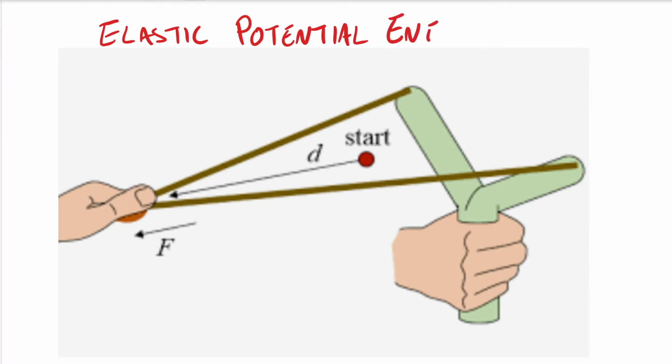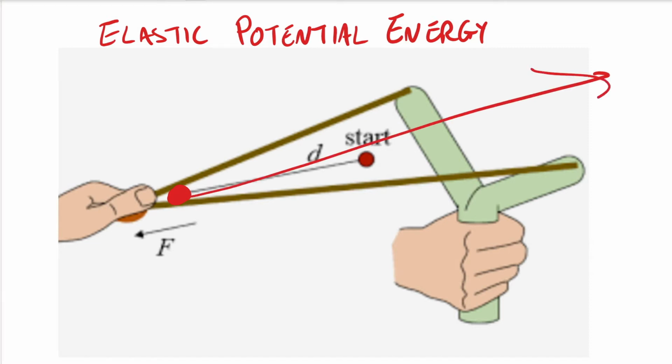This is a catapult, and as you know, the way a catapult works, similar to a bow and arrow, is that you put an object in here, you pull back the elastic, and when you let it go, of course, you get this movement of the object that's in the catapult, because it's a transfer of energy.